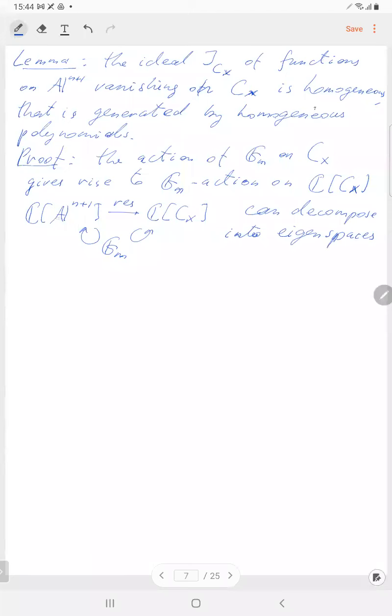So, for example, for the ambient space of functions, polynomials in n+1 variables, the eigenfunctions are just homogeneous polynomials of degree d.